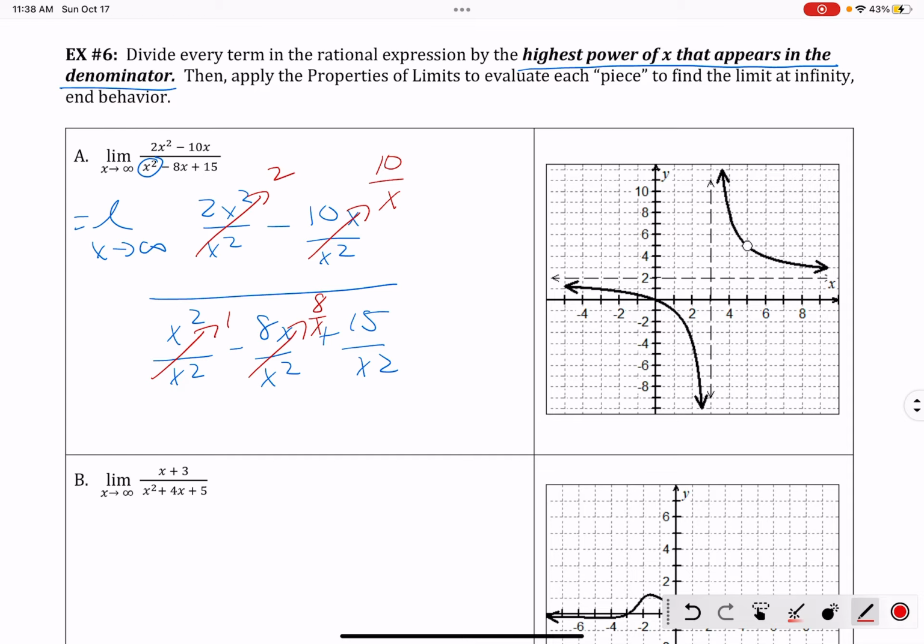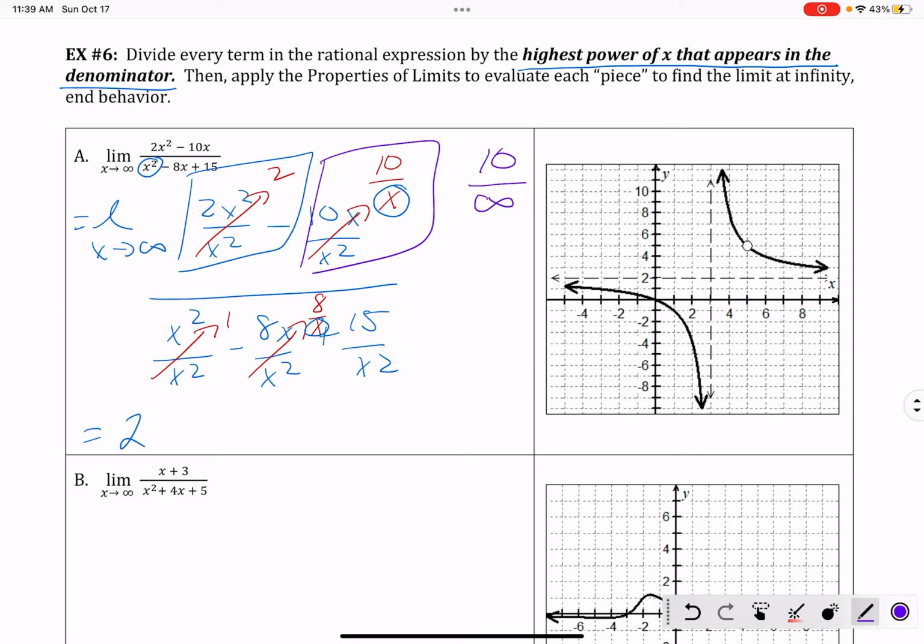Now comes the evaluation step. I'm going to throw in infinity wherever I see the x, and we know that's going to collapse to 0. In the first part, this term just went to 2. The second part collapses to 0 because we have 10 over infinity, which is just 0. So it's 2 minus 0 at the top.